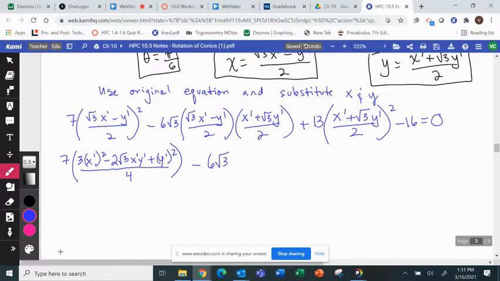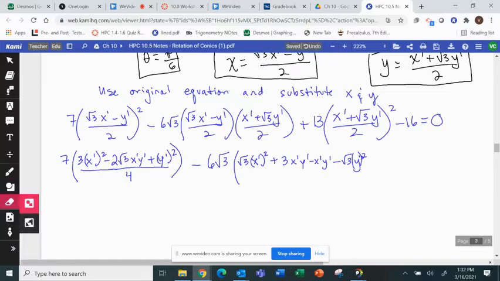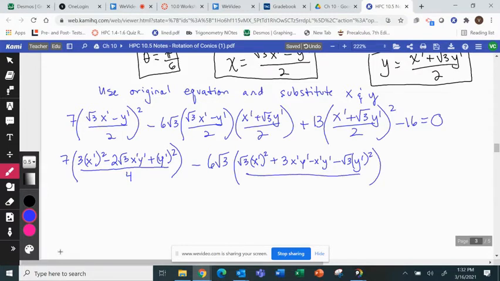Minus 6 square root 3. Then these I just have to FOIL together. So I'll have square root 3 x prime squared plus 3 x prime y prime minus x prime y prime minus square root 3 y prime squared, over 4.